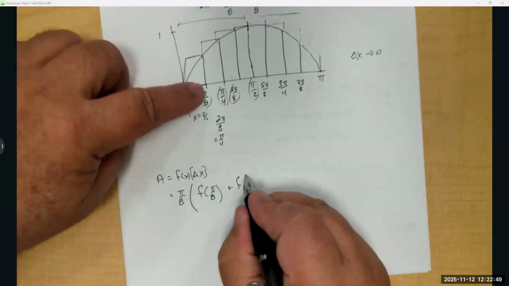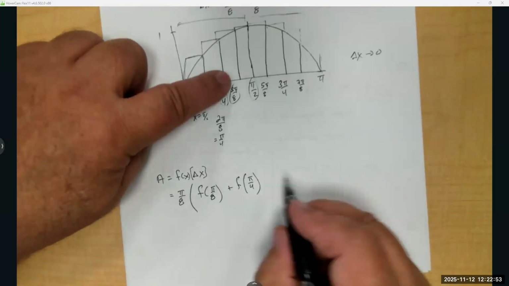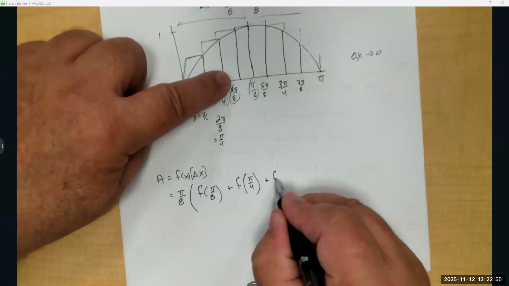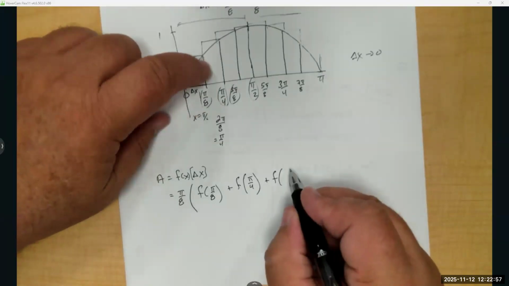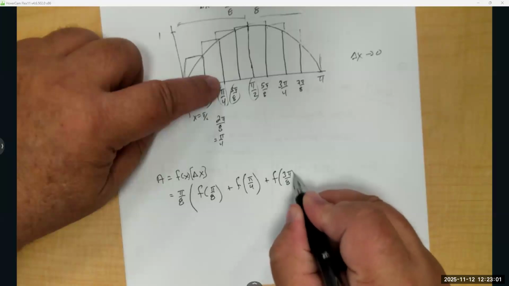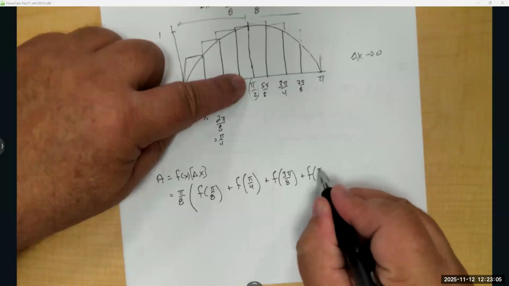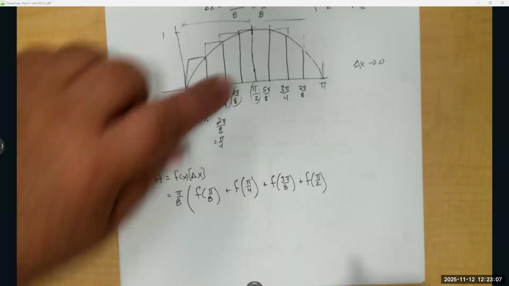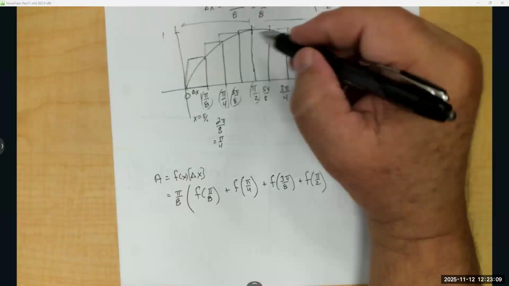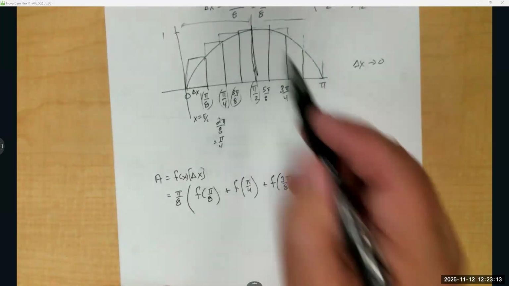Then the next one is f of pi over 4. Then f of 3 pi over 8. Then f of pi over 2. So that's in the first half. Now the second half, we have to use the left side.